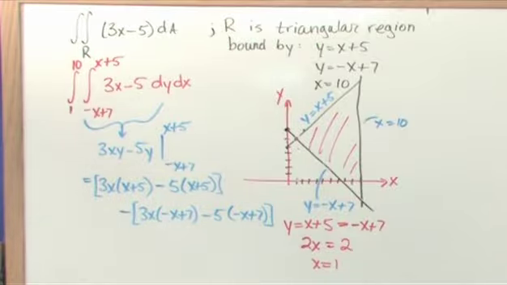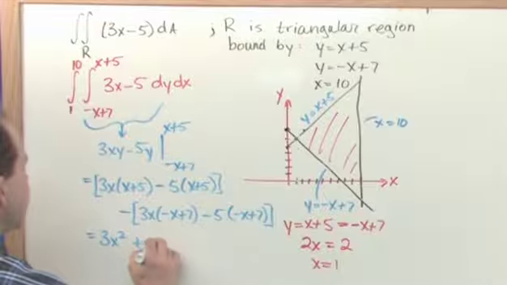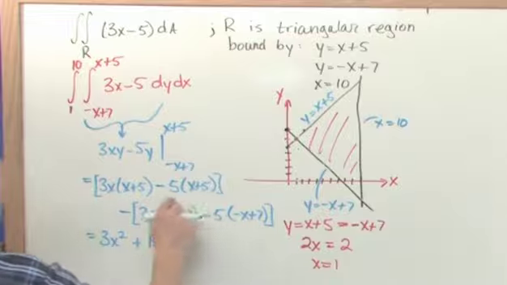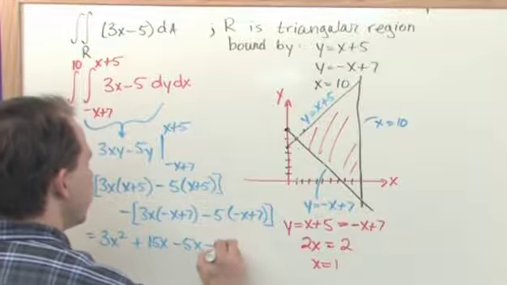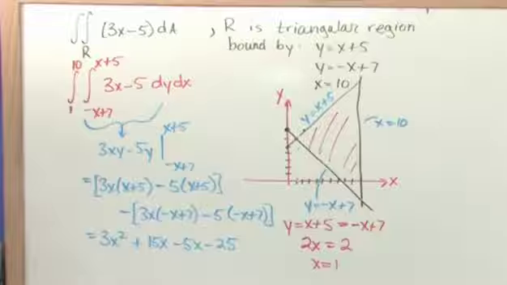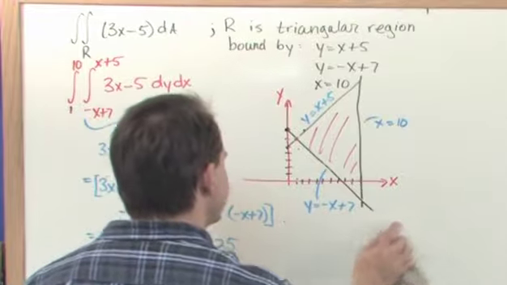I just need to simplify all that in order to figure out the answer. So here, distributing in, I have 3x squared plus 3 times 5 is 15x. And then over here I have negative 5x minus 5 times 5 is 25. I'm going to go ahead and get rid of this because we don't need it anymore.